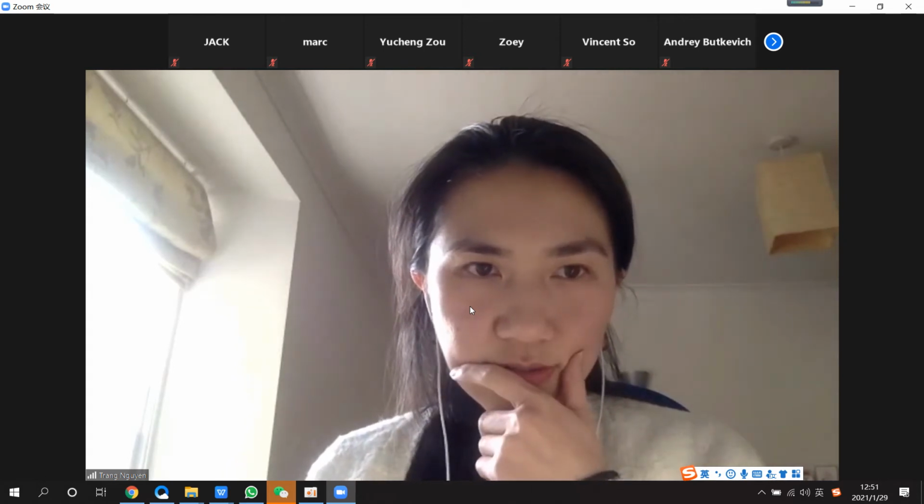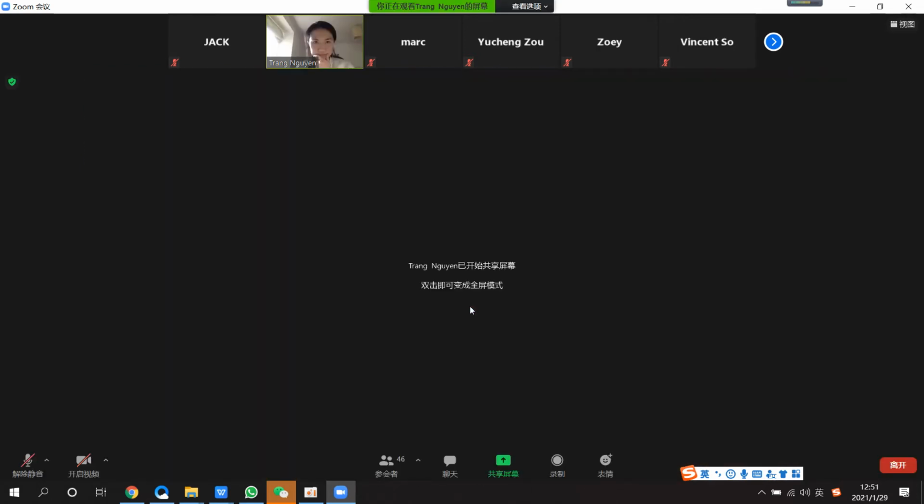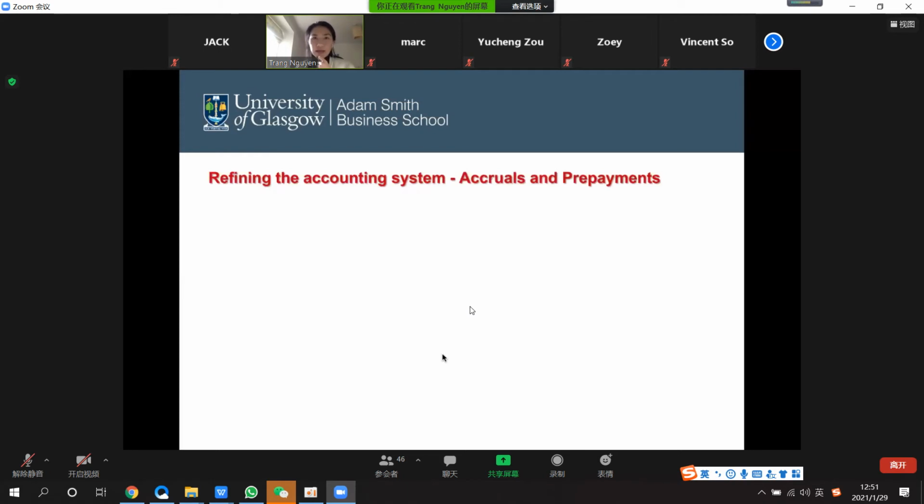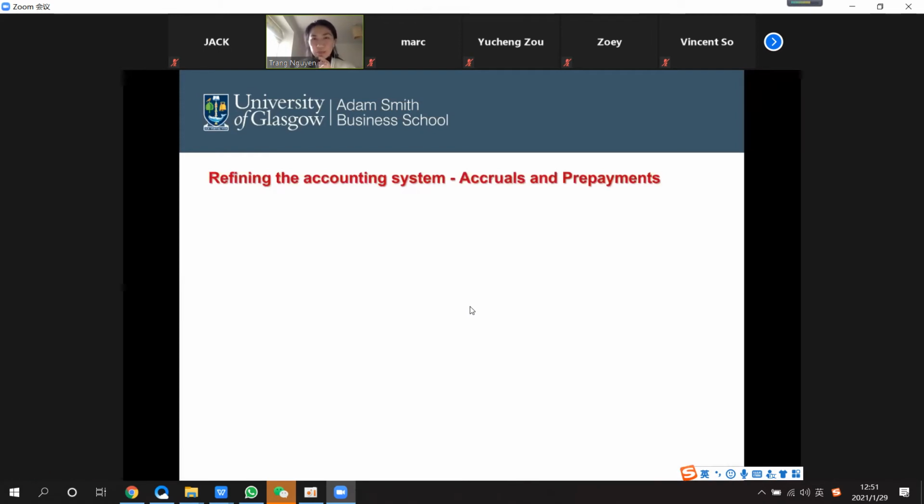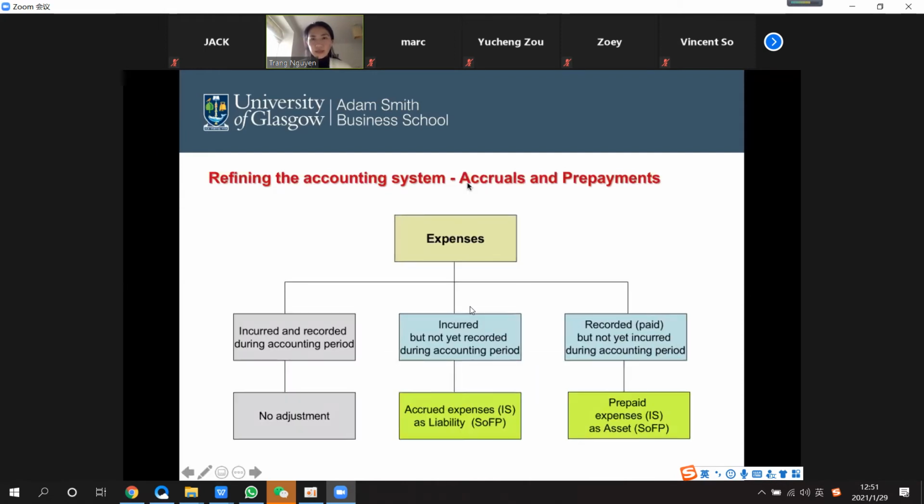Now we move to refining the accounting system, where we have accruals and prepayments. I think this graph is quite useful for us to see. For expenses, we have 2 types: expenses that are already incurred, and expenses not yet incurred.